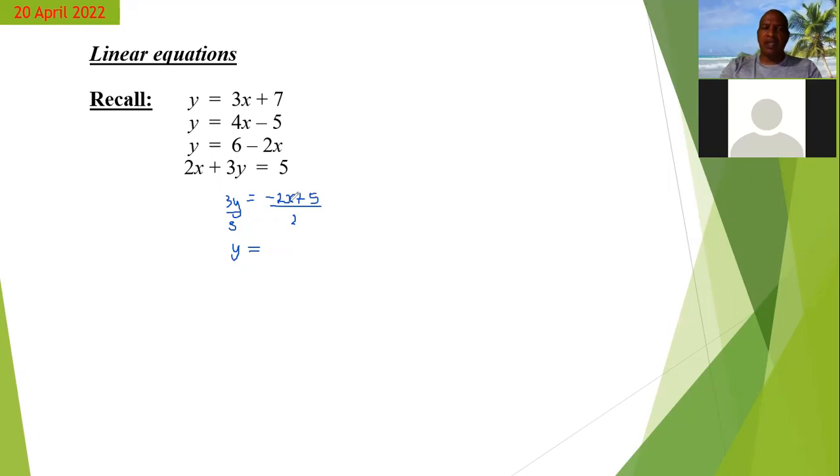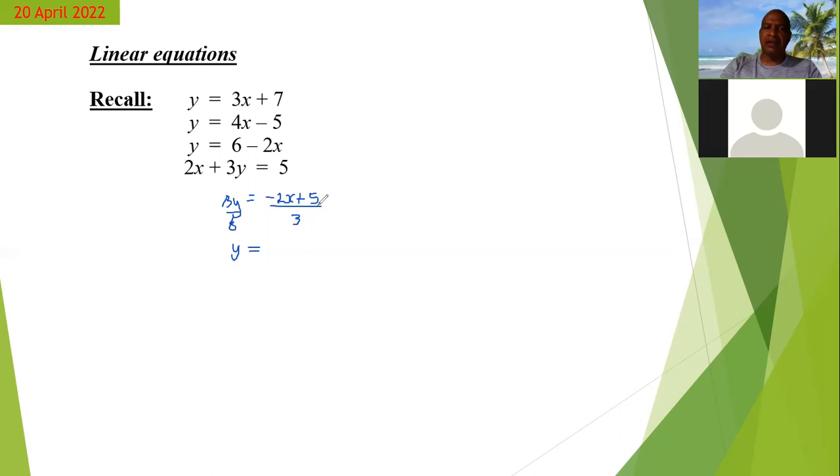But because we really want it in term form, we want the terms to be separated. So what we can do then is divide each term in the numerator by 3.